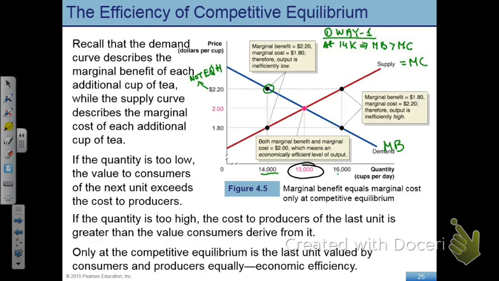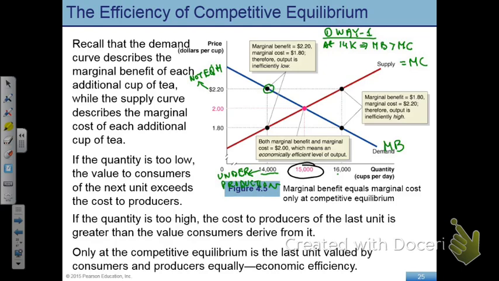So what we regularly label this 14,000 level of output is under production. It is a level of production that is not sufficient to really satisfy our buyers. At that output level, marginal benefit is greater than marginal cost, which means that there is more demand for the good than supply.